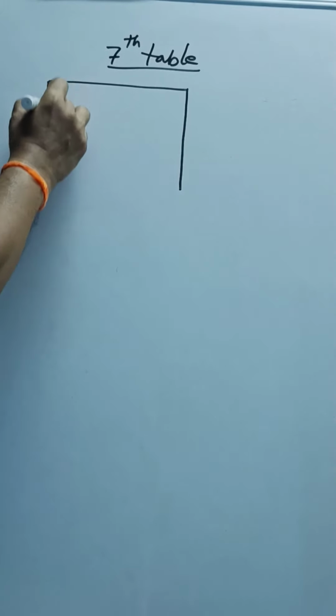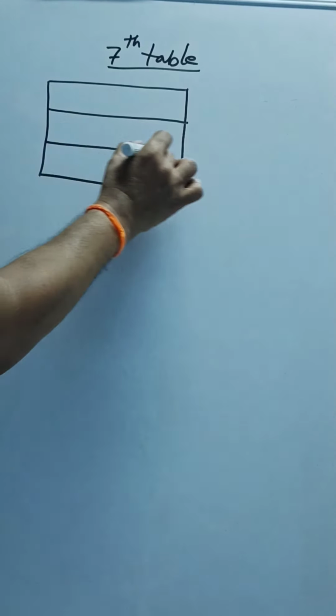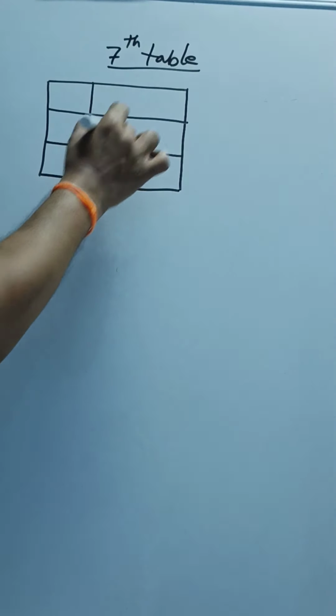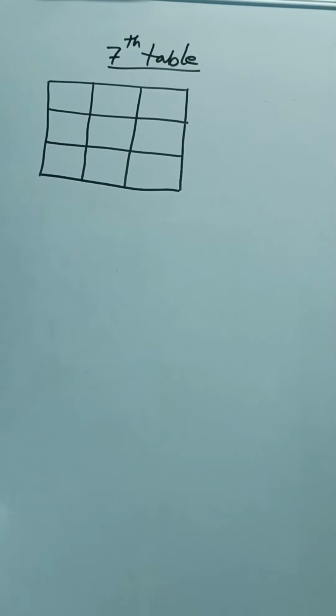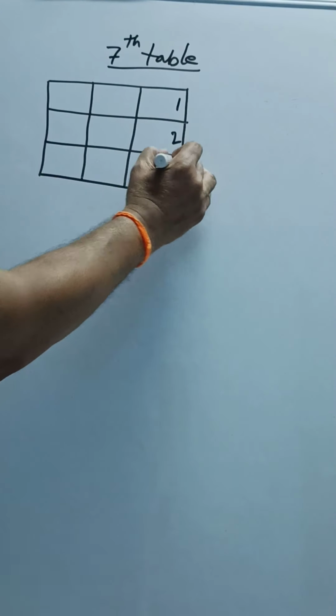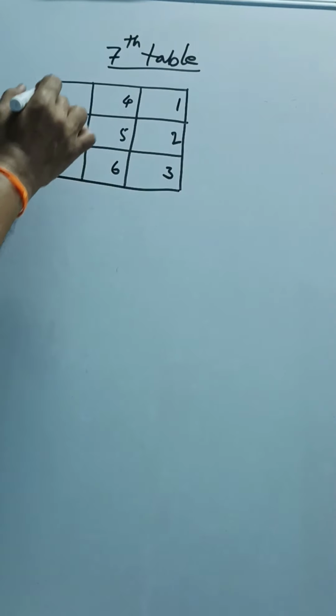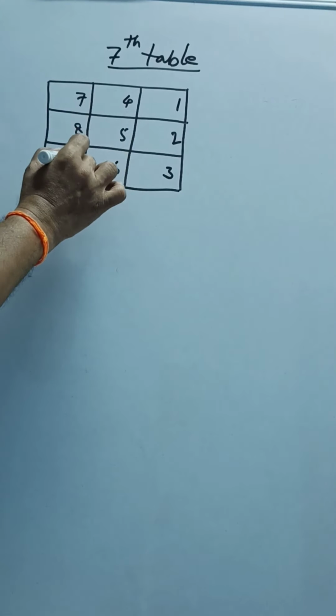Here also you take one 3 by 3 box. This time we fill it with 1, 2, 3 from the opposite side. From here we start 1, 2, 3, 4, 5, 6, 7, 8 and 9.